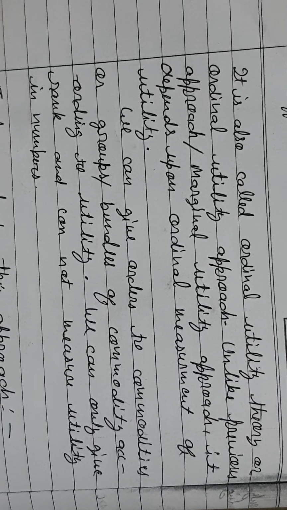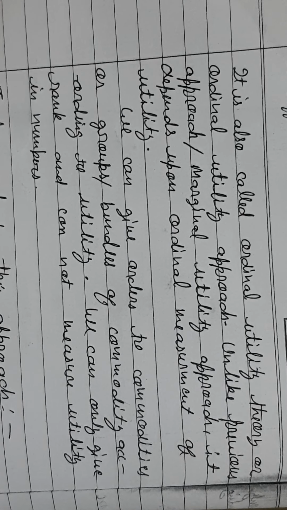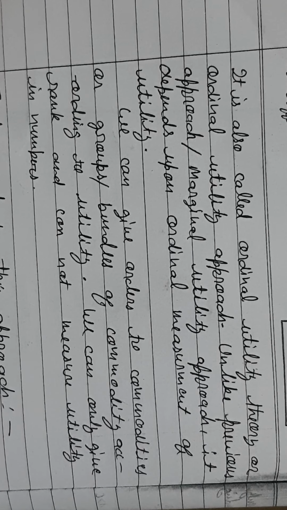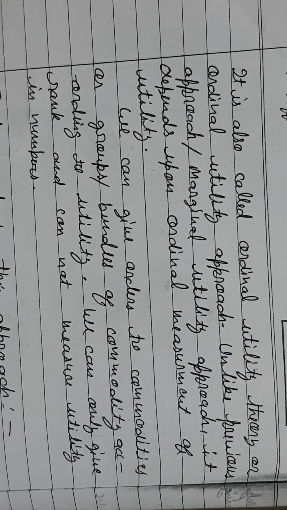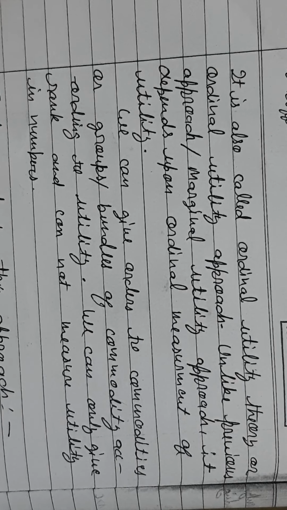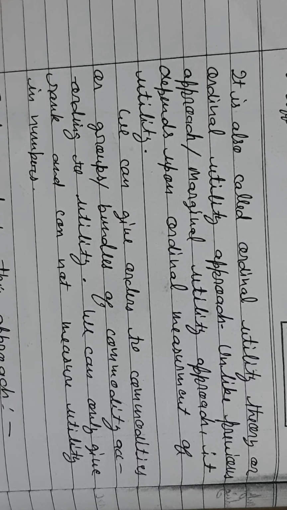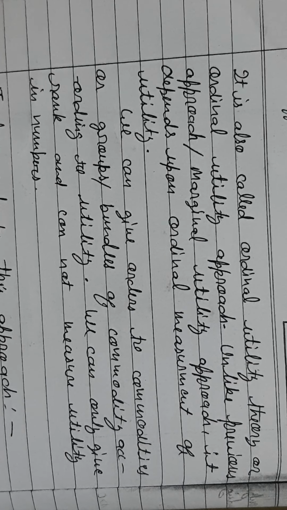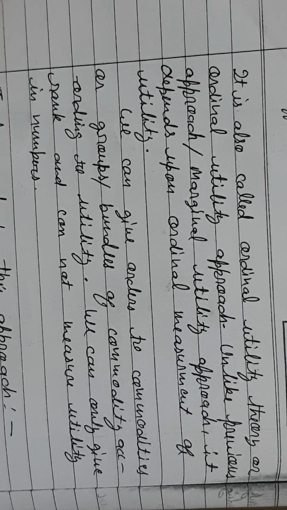Previously we assumed that we can measure utility cardinally, in numbers like 1, 2, 3, 4, and it was criticized. So this theory is closer to reality. It is more realistic that we are only giving ranks or orders.